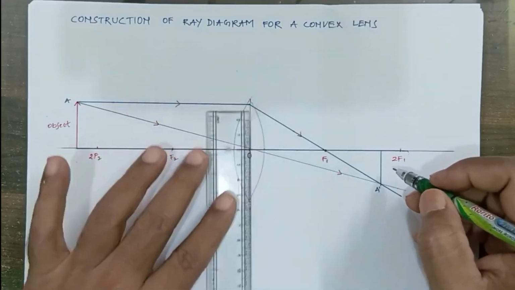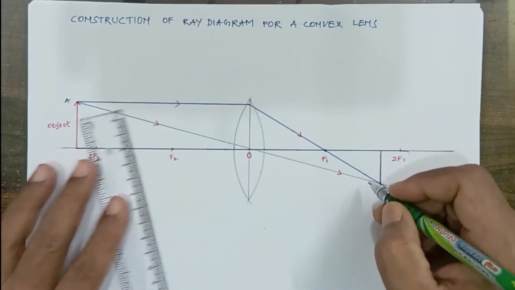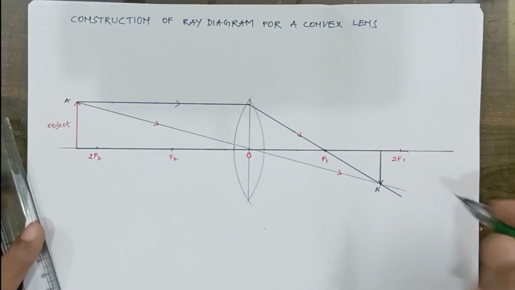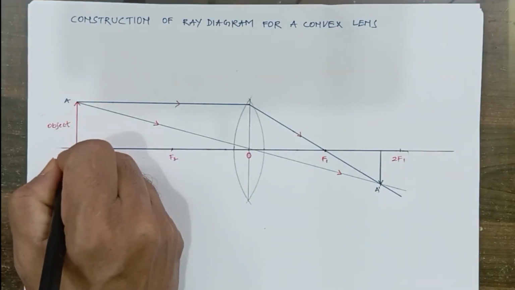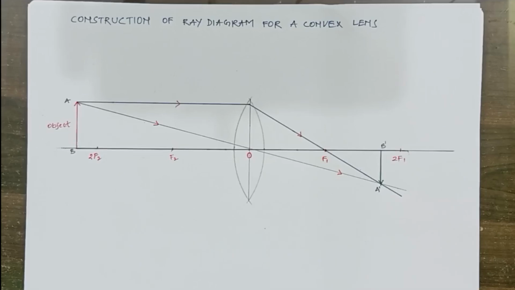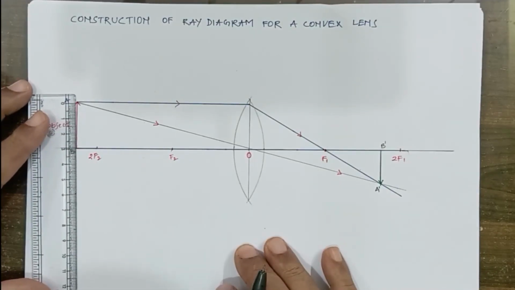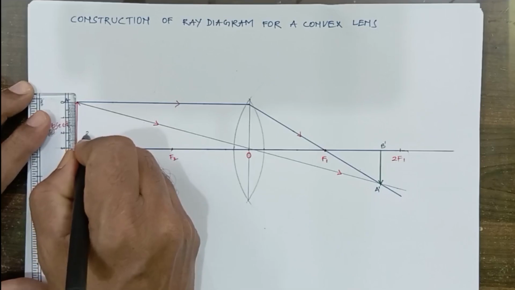So the image of the object is drawn with green ink, and A dash is the top of the image of the object. If B is the base of the object, then B dash is the image of the base. Now if you see, the object is approximately 3 centimeters in height.